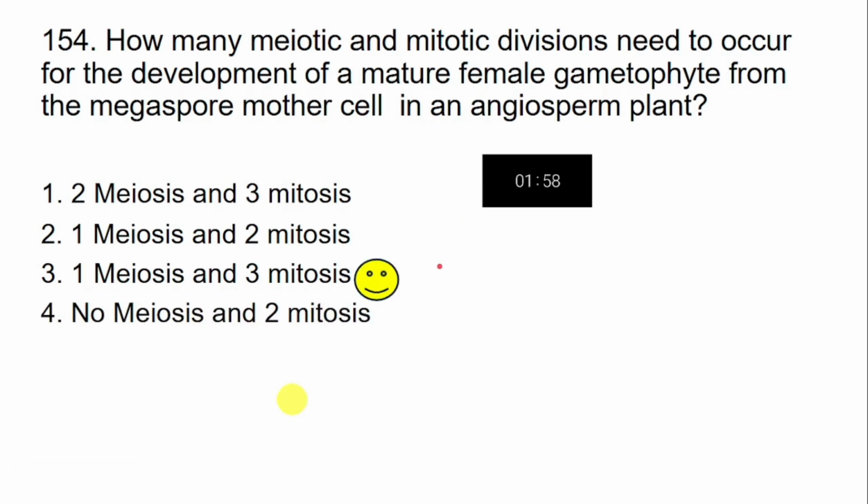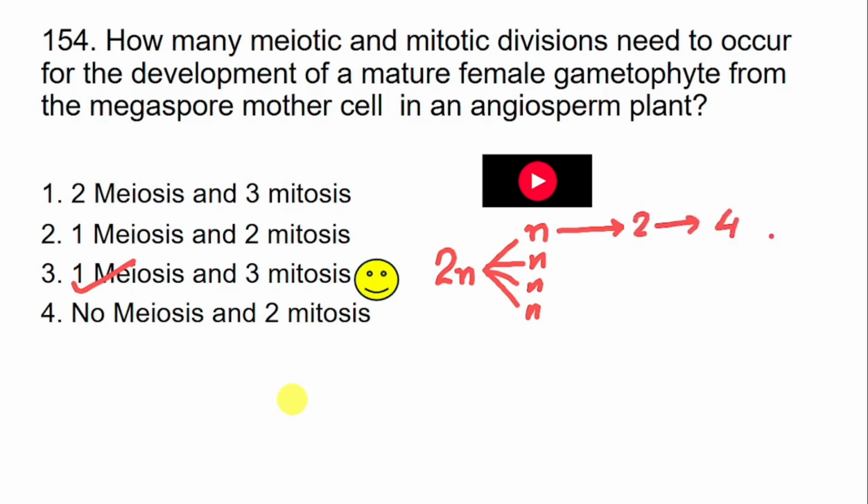Okay, clear? We start with a diploid cell. It will form 4 haploid cells by 1 meiosis. Out of 4, 3 will degenerate and only 1 survives. So 1 cell will form 2 nuclei, then 2 will form 4 nuclei.